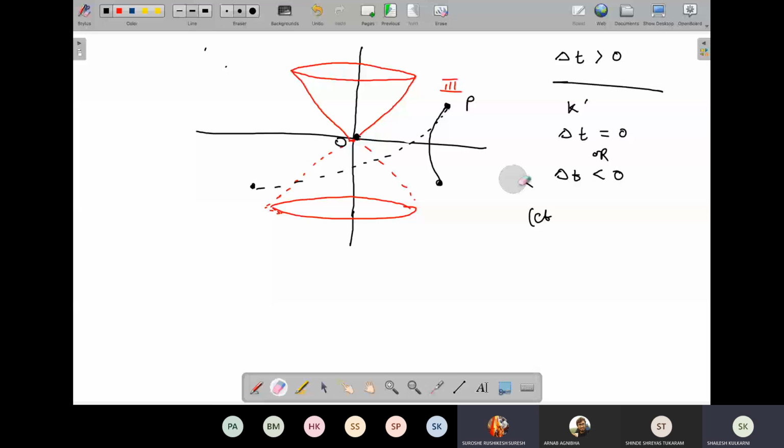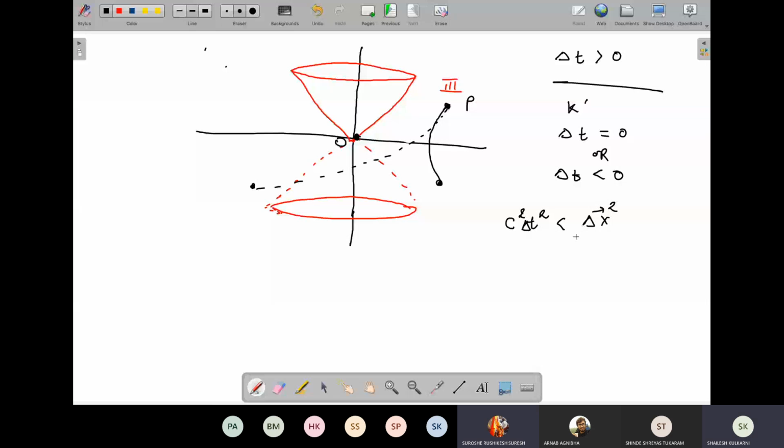No, no. C square is not less than that. In this region, c square delta t square is less than delta x square. It does not mean that c square is less than... Can we put the delta t in the denominator?